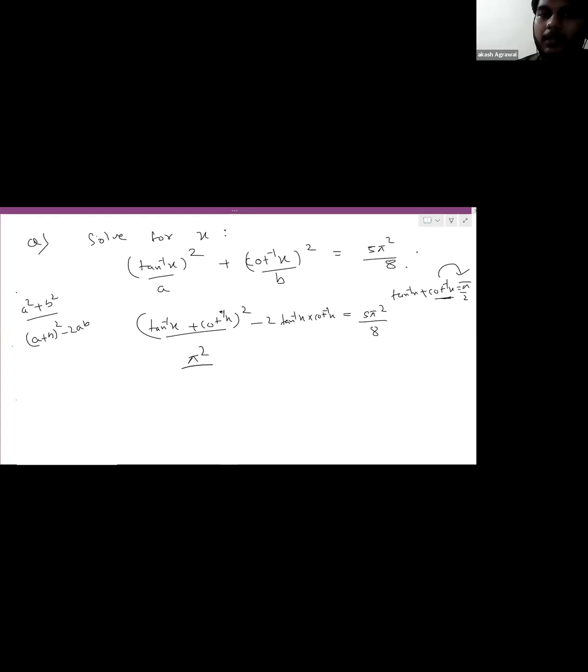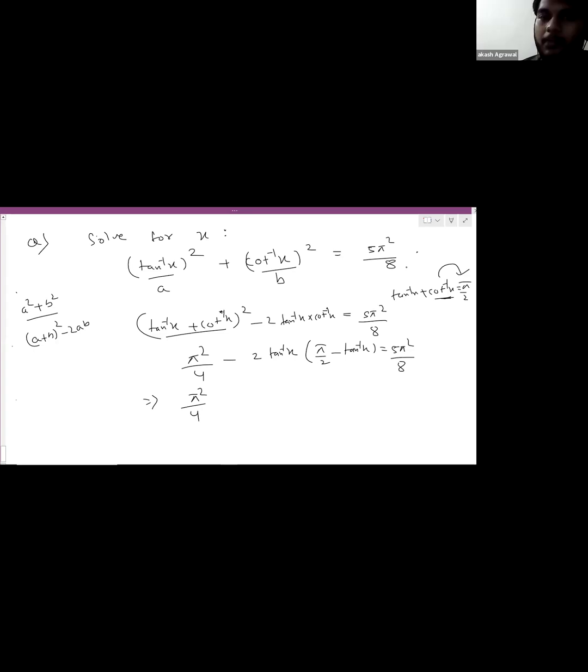So this is pi square by 4 minus 2 tan inverse x, and I can convert this cot inverse x to pi by 2 minus tan inverse x equals to 5 pi square by 8. Any issues now? No issues.